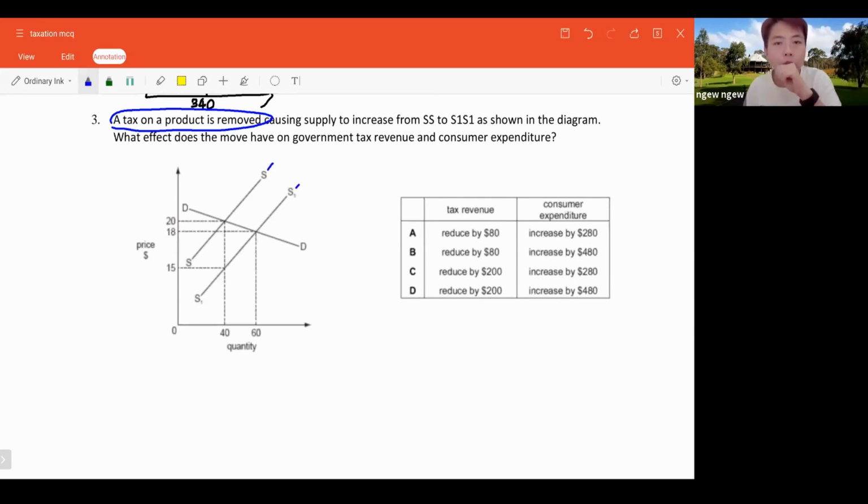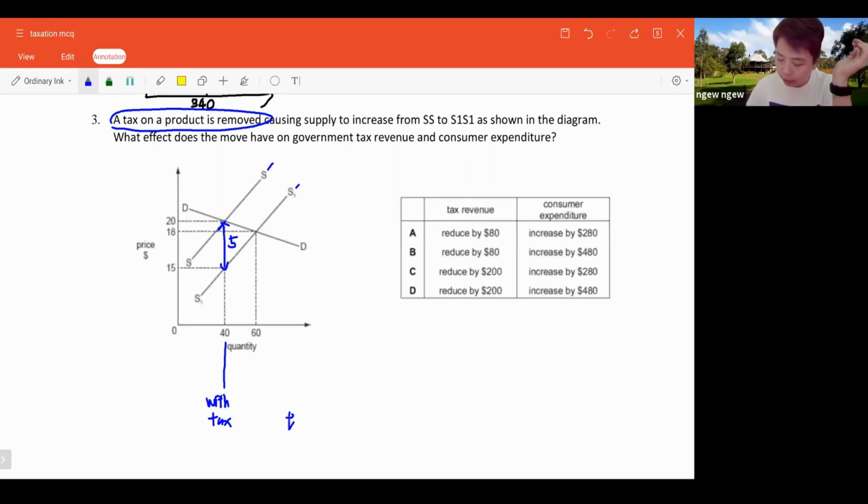And they ask you, how does it affect government tax revenue? So you need to go back to the quantity with tax and identify the vertical distance between the two supply curves to find out how much the tax per unit is. At this 40 units, the tax per unit is 20 minus 15, 5, right?